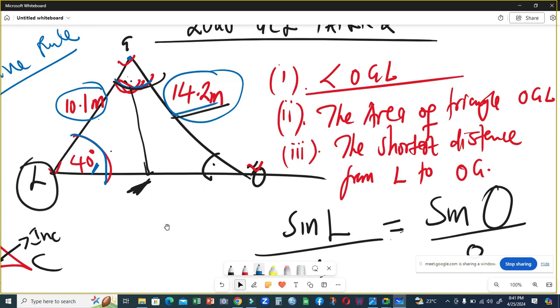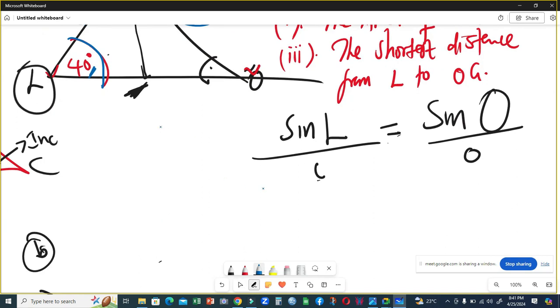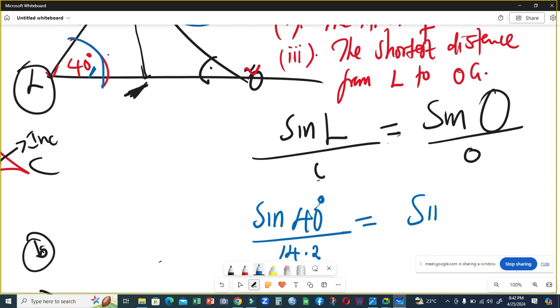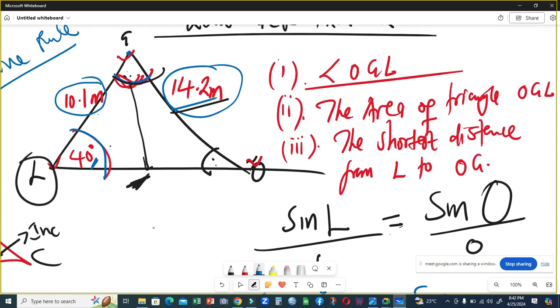So we shall substitute to say we have sine 40 degrees over 14.2 is equal to sine. What is angle O? Angle O is the angle that we are looking for now, but it's not our final answer.